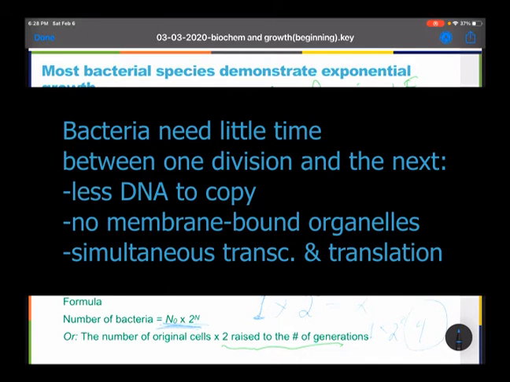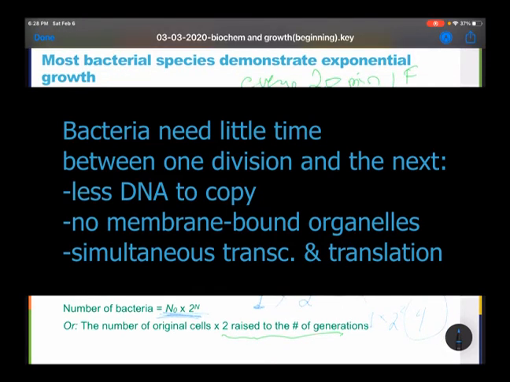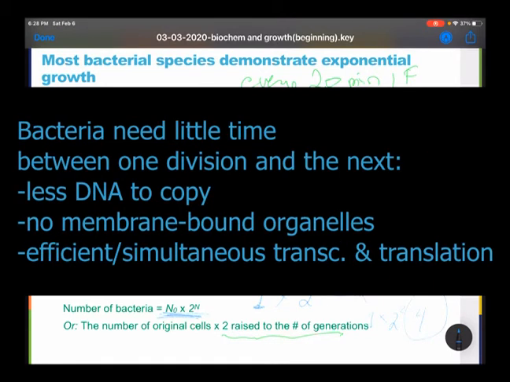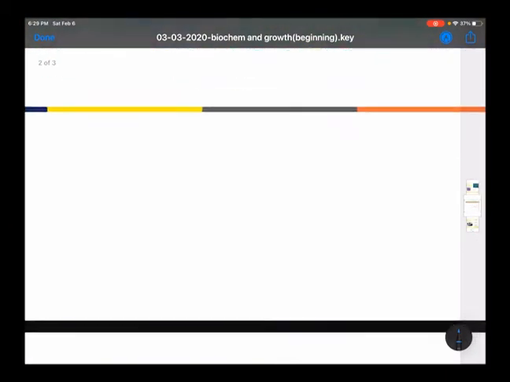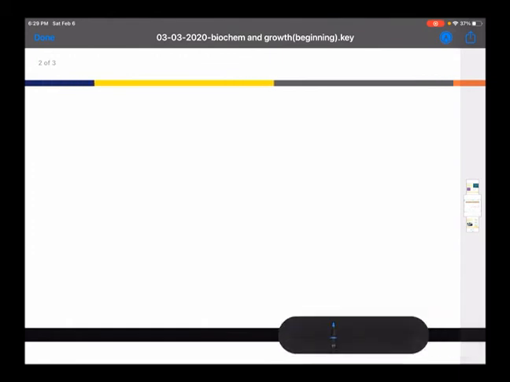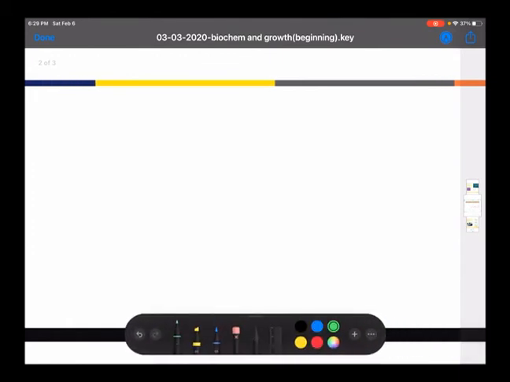And in addition, they don't have to export their mRNA from the nucleus and then have translation occur. We're going to talk about this in the future, but I just wanted to mention it here since it relates to what we're talking about. So for bacteria, they can have transcription and translation happening at the same time.